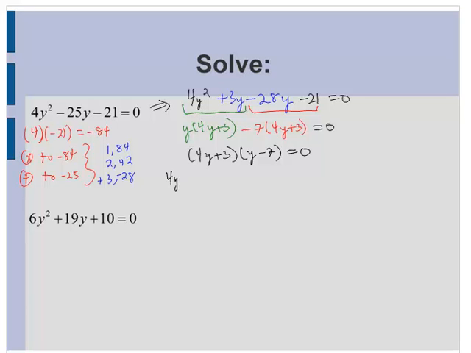So 4y plus 3 equals 0, or y minus 7 equals 0. On the first equation, I would subtract 3 and divide by 4, so y equals negative 3/4. The second equation, I would simply add 7, and y equals 7.